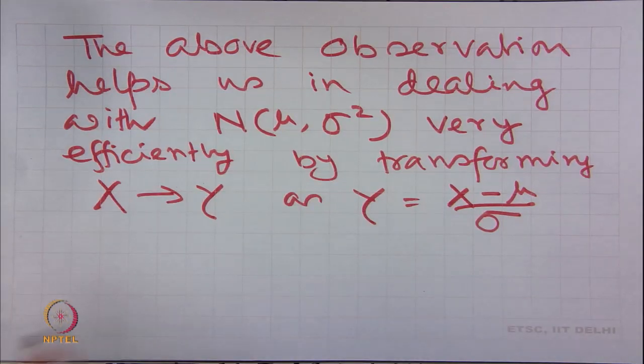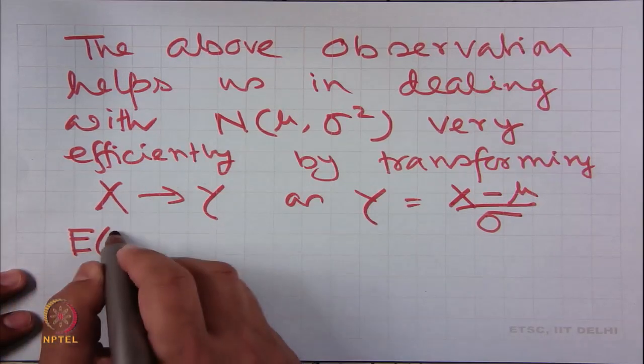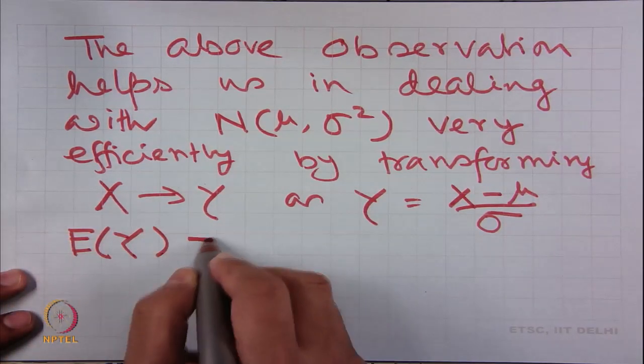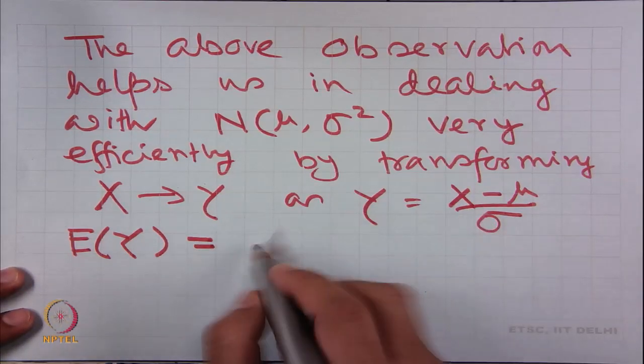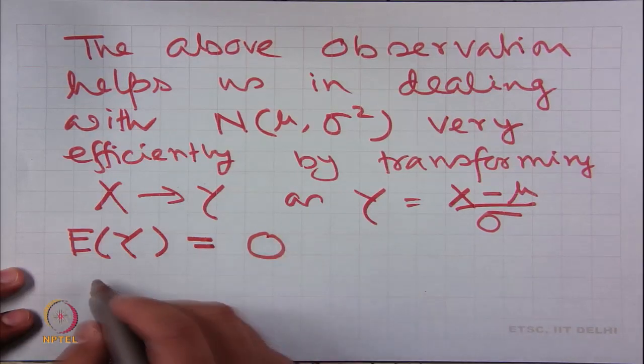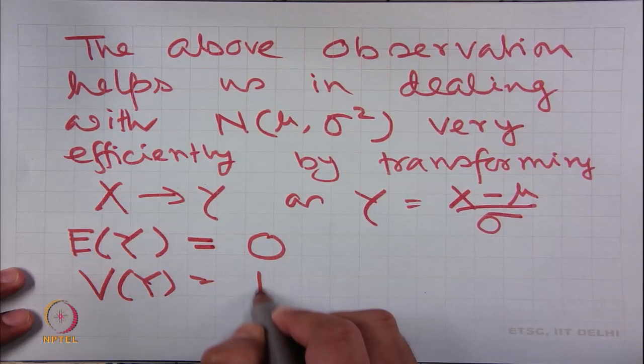What is the advantage? The advantage is that expectation of y is equal to 0 and variance of y is equal to 1.